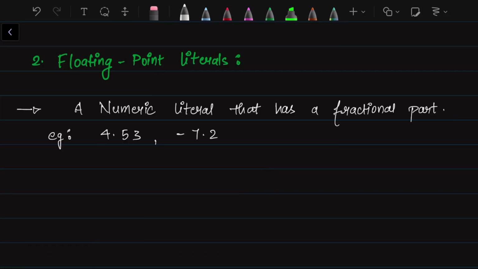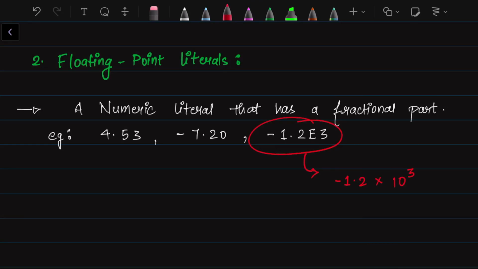You can also write it as negative 1.2E3, with a capital E. What this means is negative 1.2 into 10 raised to power 3.